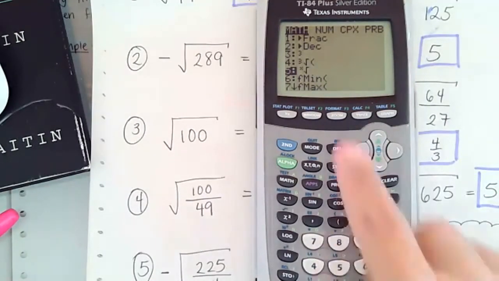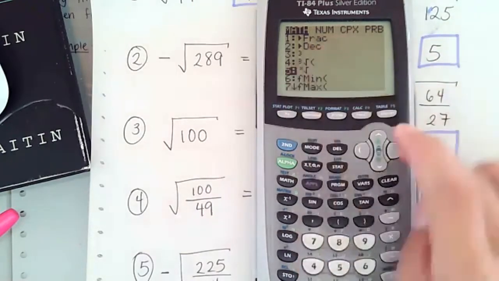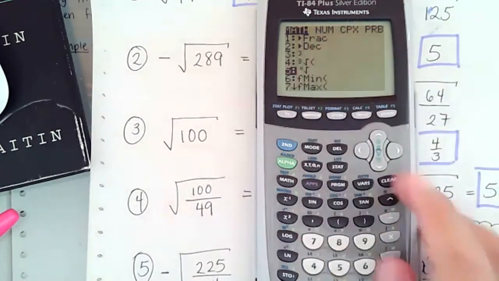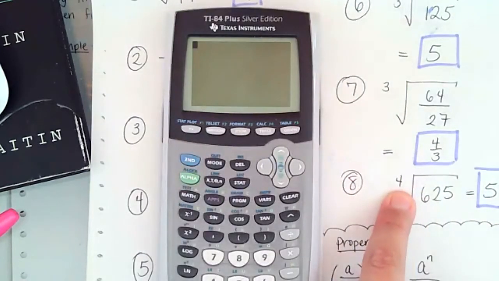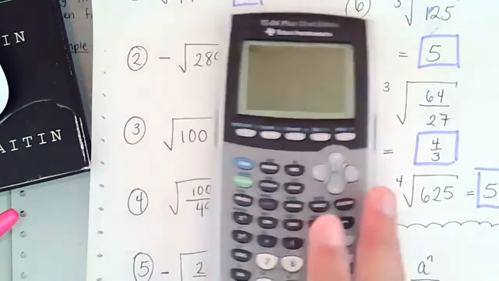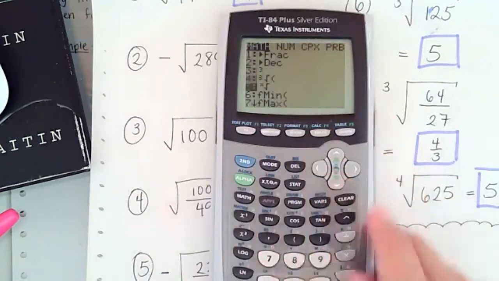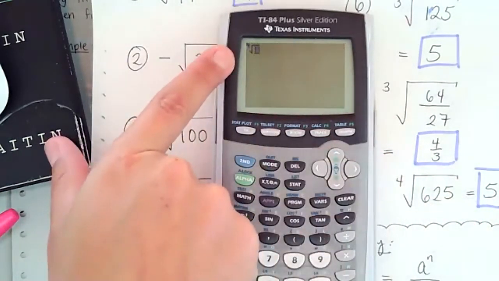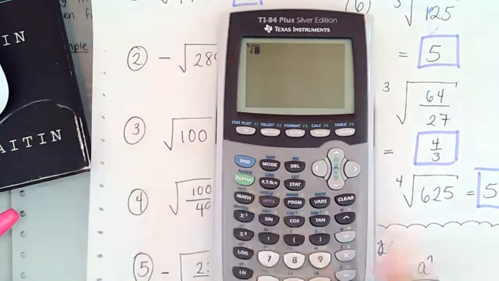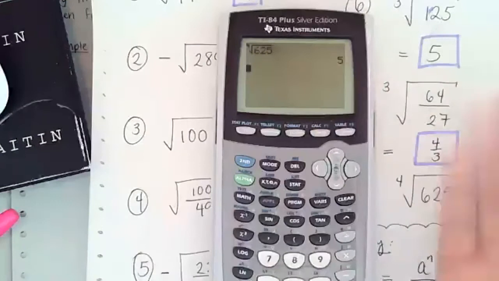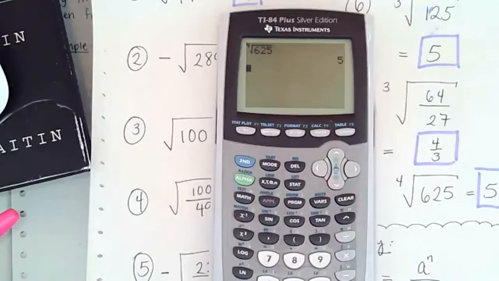But in order to use that option, we can't go straight to that option first. We have to type in the number that we want, so the index here, 4, and then we go ahead and select that option. It'll change this to the proper index for that root. And then we can go 625 and get the correct root out of that. So this is the 4th root.